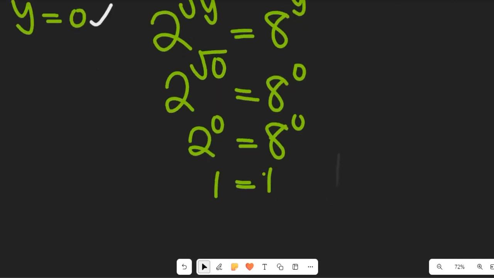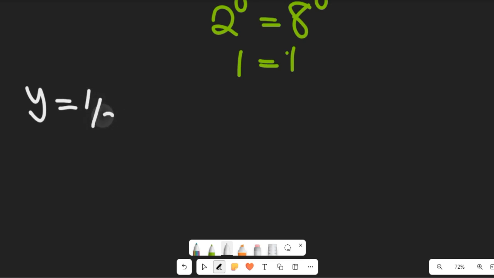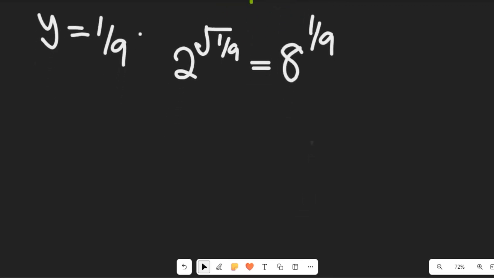Now, on the other hand, if we consider the value of y equal to 1 divided by 9, are we going to have the same expression? Let's check it out. Will 2 to the power of the square root of 1 divided by 9 be equal to 8 to the power of 1 divided by 9? Let's see.